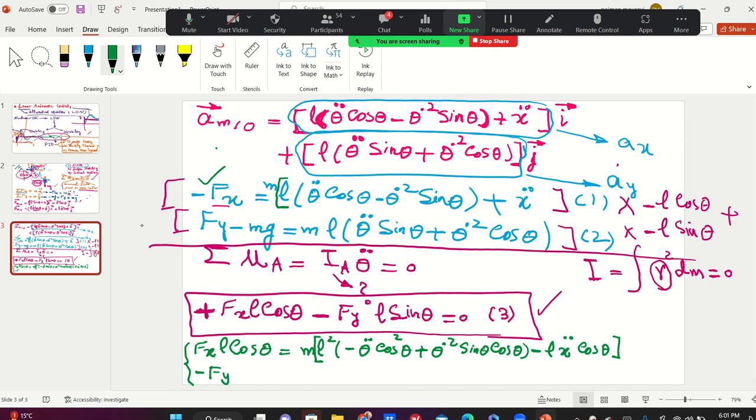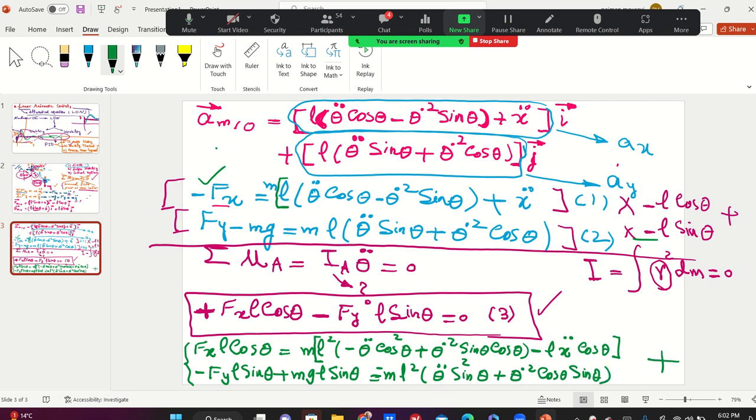Minus Fy L sine theta plus mgL sine theta equals m times minus, because here we have L squared, one L inside, theta double dot sine squared of theta plus theta dot squared cosine theta sine theta.